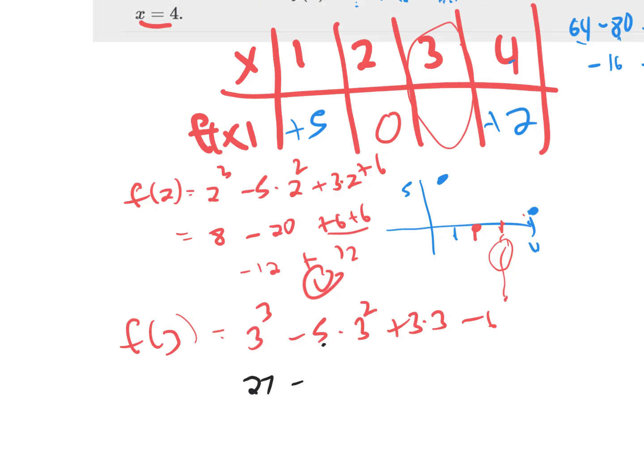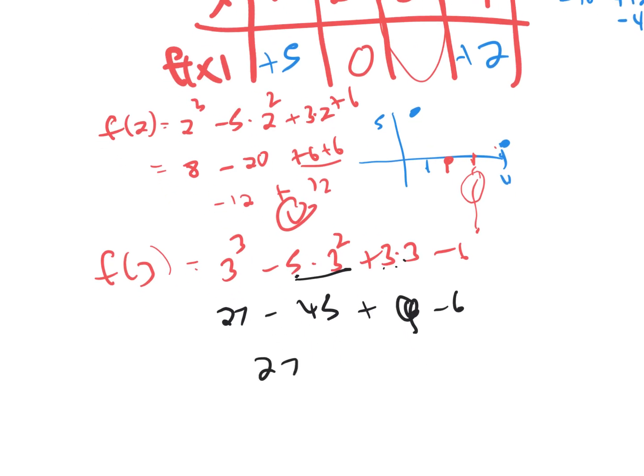Minus 5 times 9 is 45. Plus 3 times 3 is 9. Minus 6. That's 27 minus 45 plus 3. 27 minus 45. Well, let's do this. 27, 28, 29, 30. 30 minus 45 is negative 15.